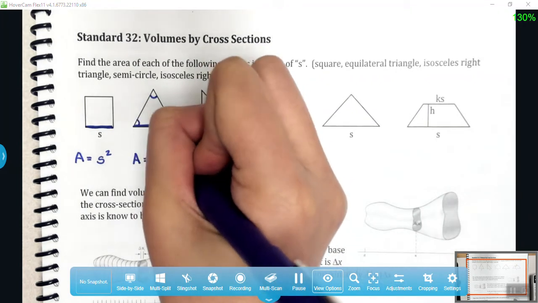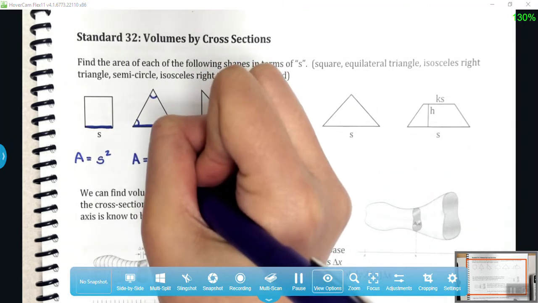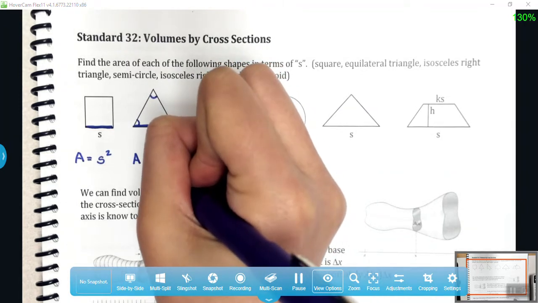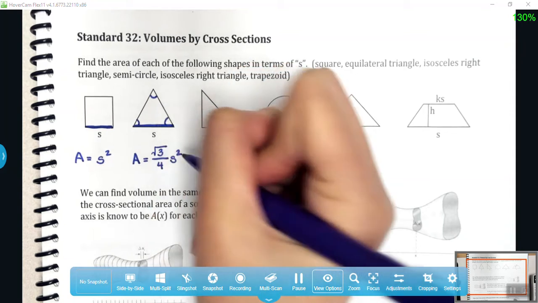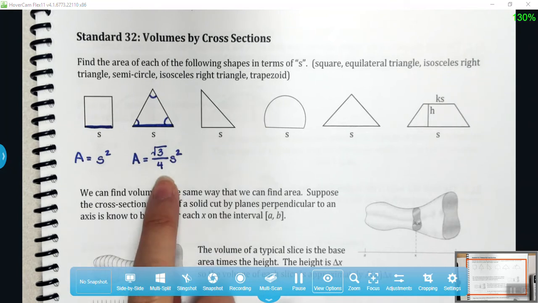Root 3 S over 2. Root 3 S over 4. Oh, for the side? Yeah. Oh, root 3. Okay, so memorize this one: root 3 over 4 side squared for an equilateral triangle.